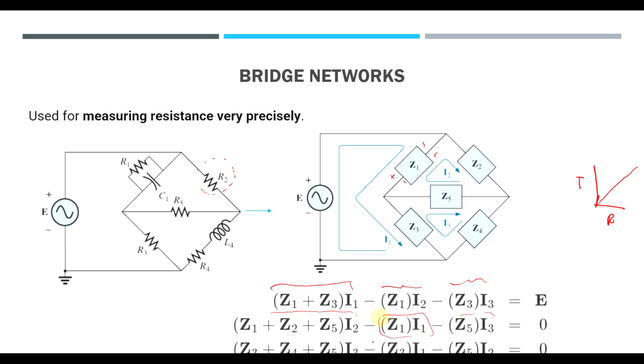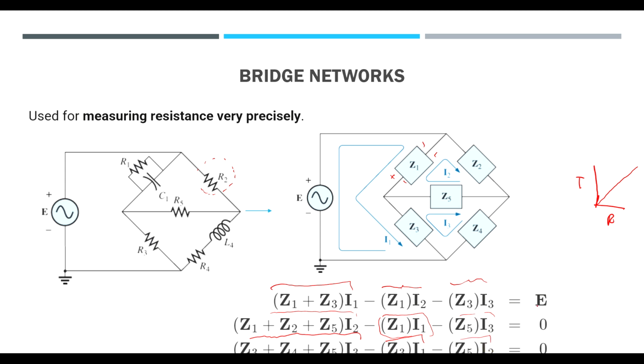Here we have that the current for mesh 3 has contribution of Z3, Z4, and Z5, so no surprise that you see that here. Z3 has contribution with Z1 as well, so that's right here, and Z3 has contribution with Z5.